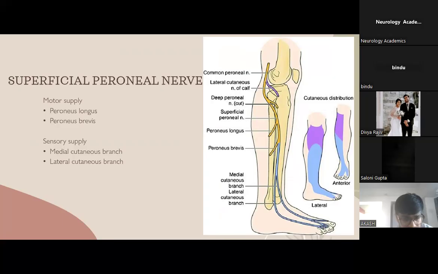And it divides into superficial peroneal and deep peroneal nerves. The superficial peroneal nerve supplies the everters of the leg, that is peroneus longus and peroneus brevis, and the sensory supply is mainly by the medial cutaneous branch and lateral cutaneous branch, which supply the lateral side of the calf and also the dorsum of the foot.